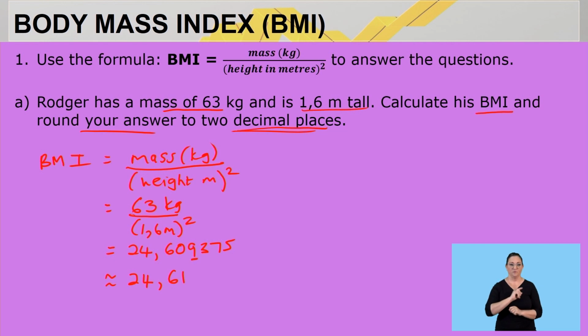And remember, I said correct unit. What are we calculating? BMI. So therefore, I'll say it's 24.61 kilograms per square meter. I guess that's straightforward to all of us. So I took the weight, I divided it by the height, and remember to square, and thereafter I had to round off.